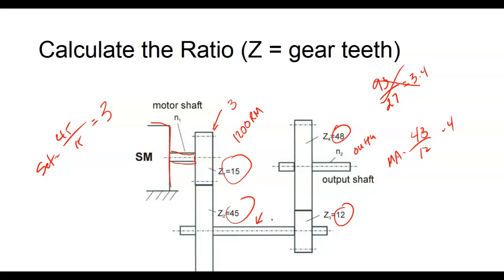There's a 3. It's a 3. So is it turning faster? Are we going to multiply it by 3 or divide it by 3? So this would be turning 400 RPM. So then I got 400 RPM right here.